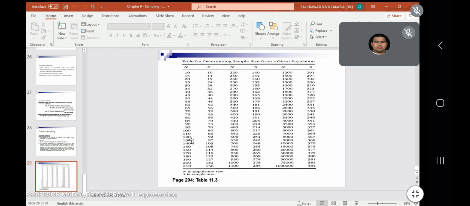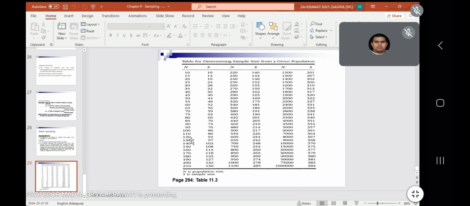If you want to choose this table for the topic, the factors contributing to customer satisfaction in Sungai Petani, they have more than half a million, or in the Kuala Muda area, more than half a million. So if the population is more than 100,000, it is enough if you choose 384. If you are a master, PhD or DBA student, it is good enough. But at your level, no. That's why I don't encourage students to use the sample size by Sekaran if you have a bigger population.